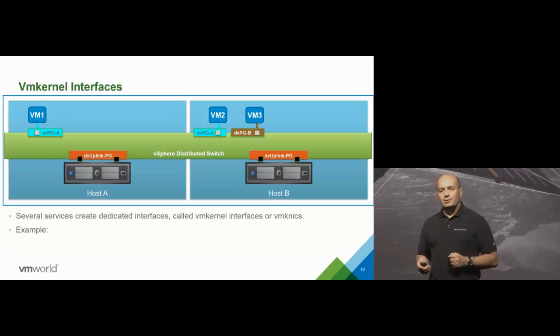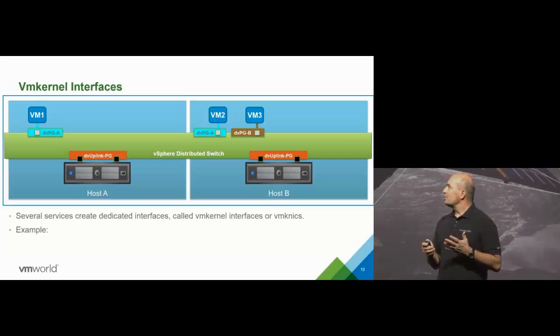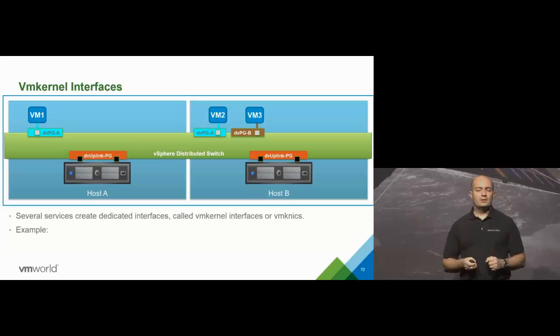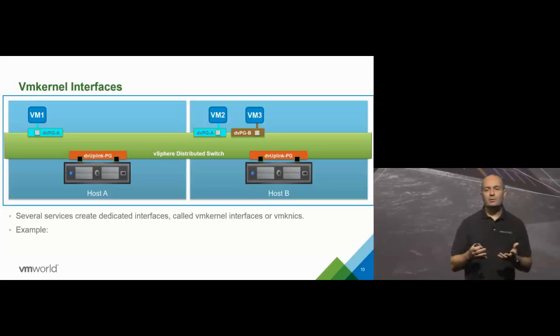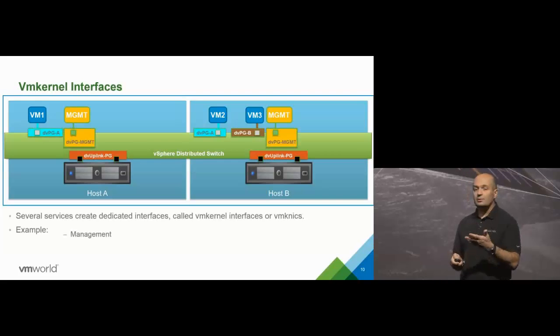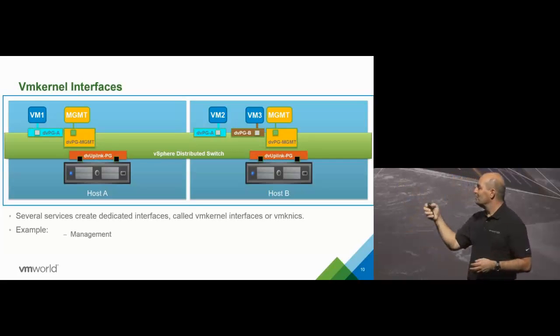Another concept that I need to introduce very quickly is the concept of VM kernel interfaces, or vmknics. So, of course, virtual machines need connectivity to the network, but they're not the only ones on a host. You also have some local services that need to communicate through the network, and for this, we're equipped with this VM kernel interface, even if it's actually not represented in the diagram.